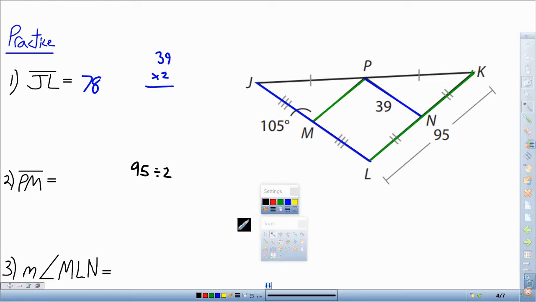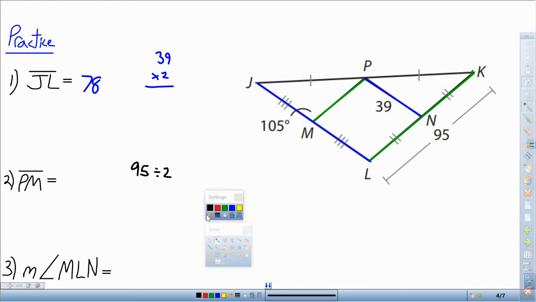With the calculator, it looks like we're going to get 47.5. Realize these two problems are working forwards and backwards. One asks for the side length given the mid segment. The other asks for the mid segment given the side length. All right, last one.